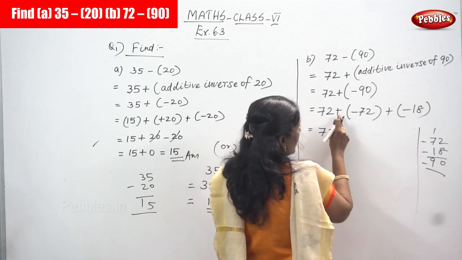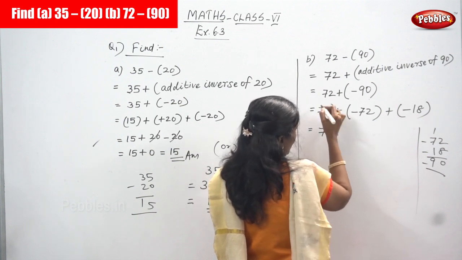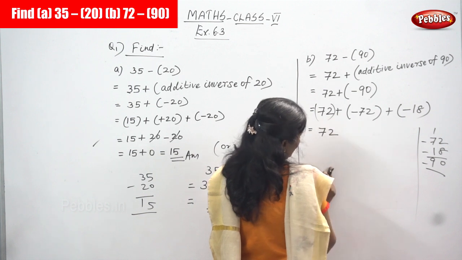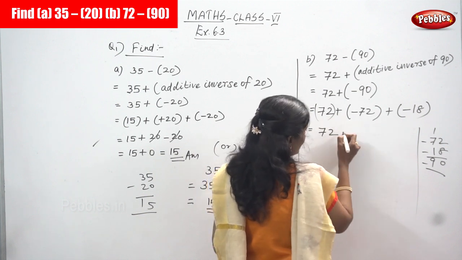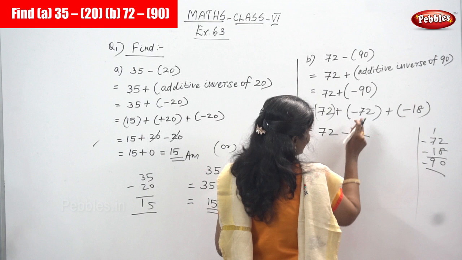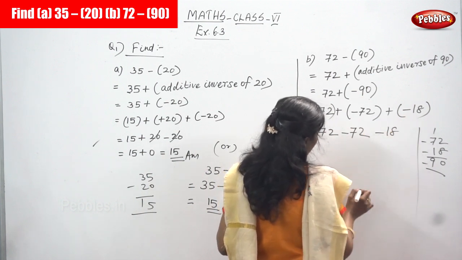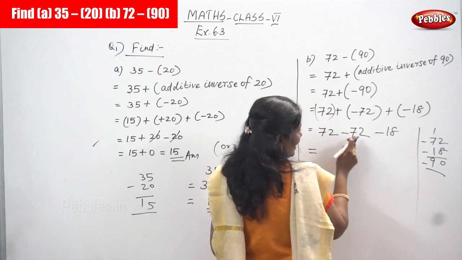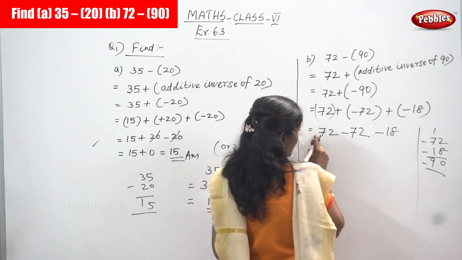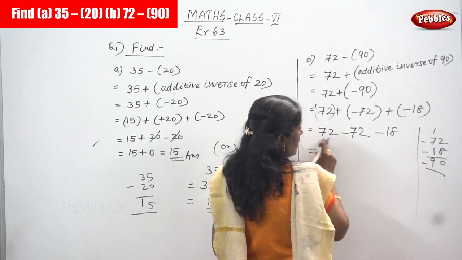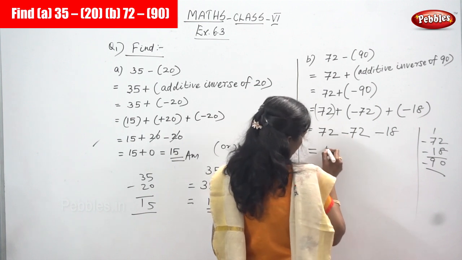So here I am going to multiply. I remove the brackets first, and plus into minus gives minus, then I write the number, then plus into minus again gives minus 18. So this is a positive integer and this is a negative integer, but both numbers are similar, so I put 0.